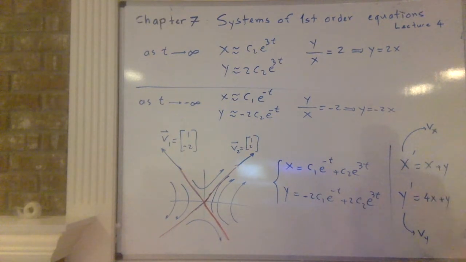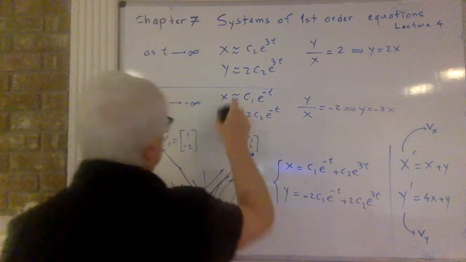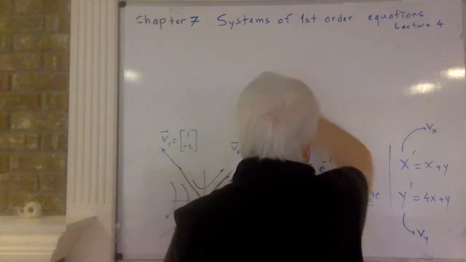And so these two give me the velocity vector. So the velocity vector, in this case, is this thing.